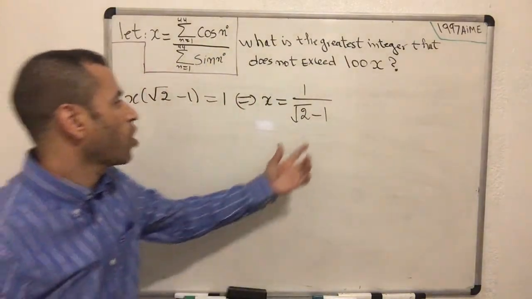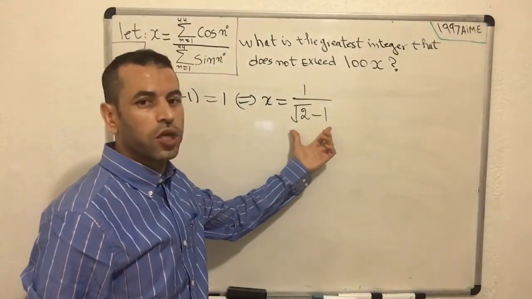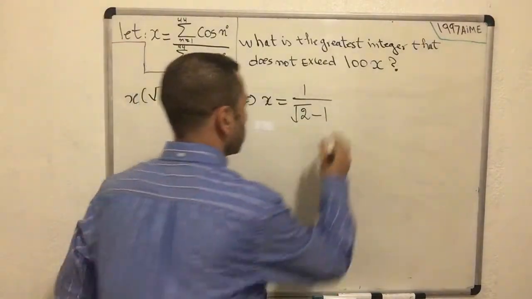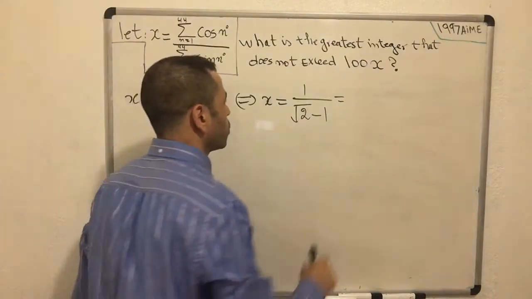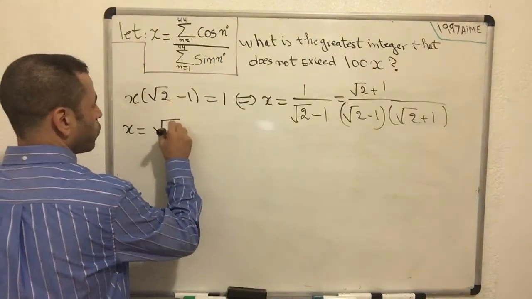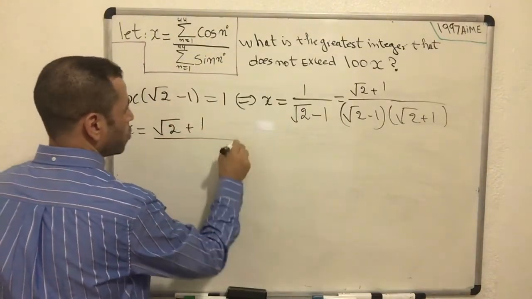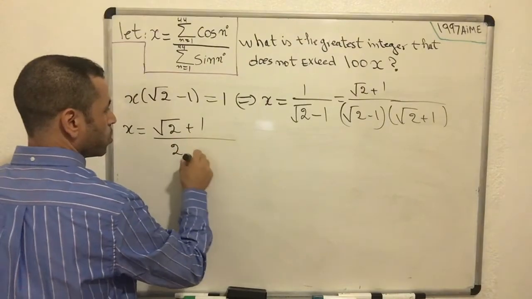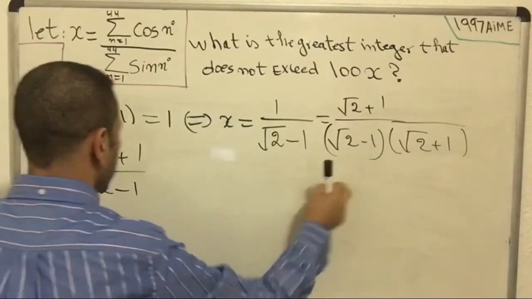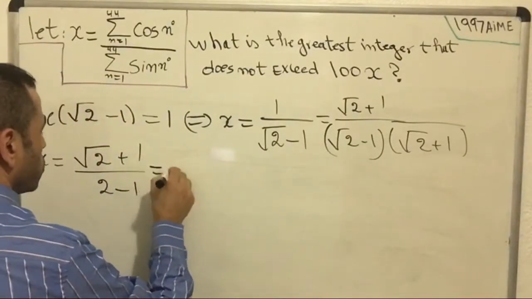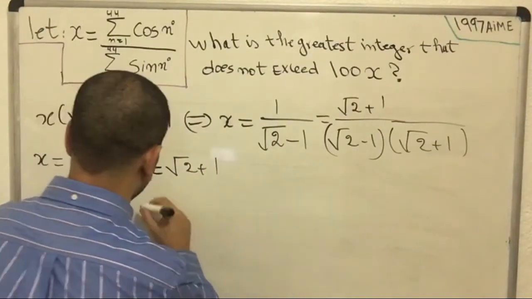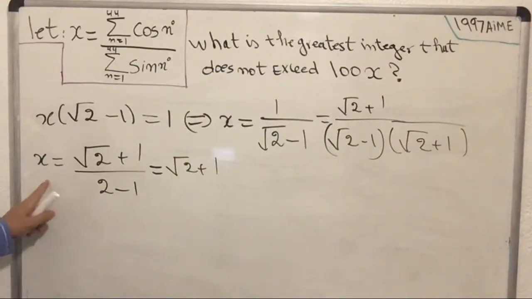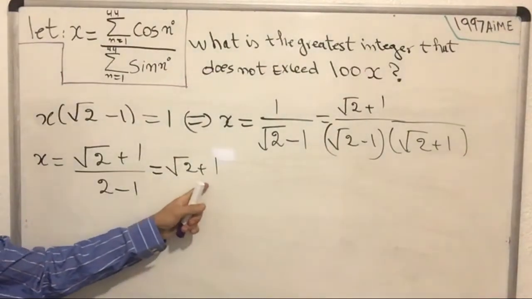I'm going to rationalize this by the conjugate, multiplying the numerator and denominator by √2 + 1. The denominator is 2 - 1, which is 1. So x equals √2 + 1.